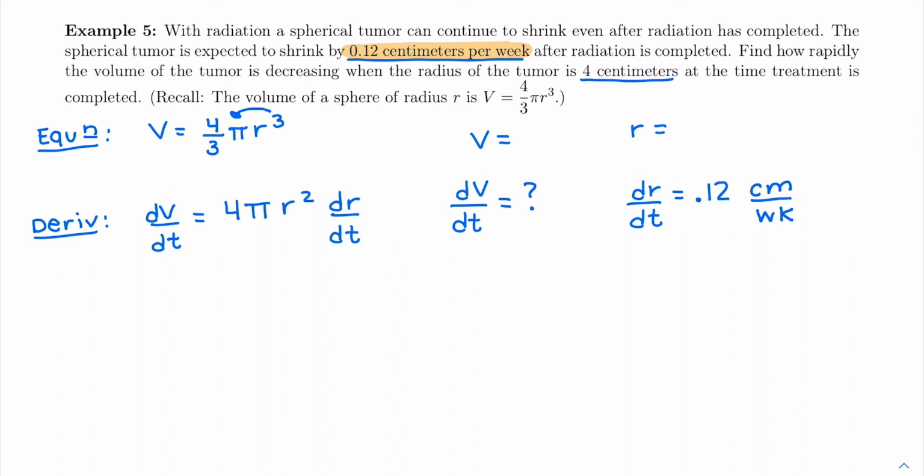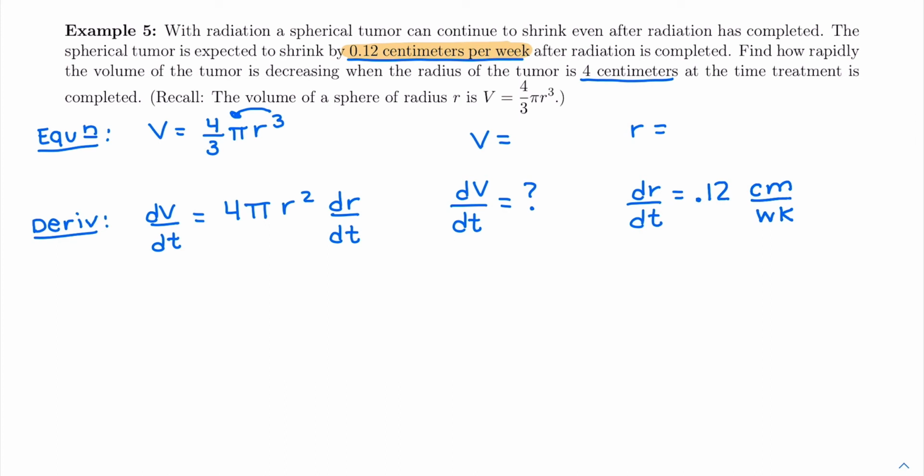The other hint is that 0.12 was given in centimeters per week instead of cubic centimeters per week, right? Any area is going to be squared, and any volume is going to be cubed because you're multiplying three things together. So since it's regular centimeters, it must have been measuring the radius and how it was changing.